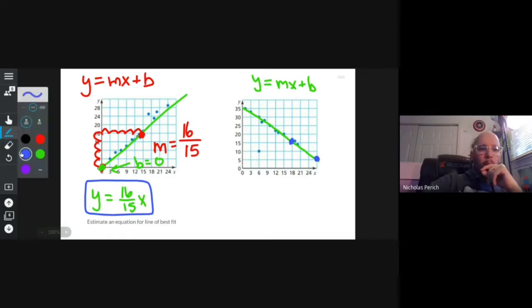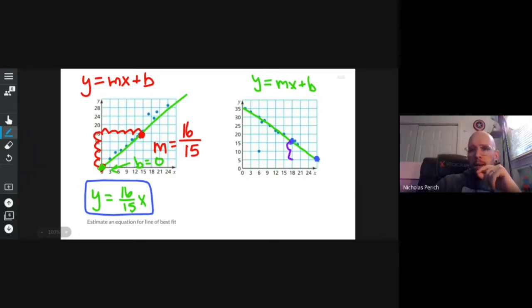So I'm going to go down 5, 10. So my slope is a negative slope, and it's negative 10 over... Let me see. How many do I go over when I go over by x's? 3, 6, 9. So I go over 3, 6, 9. Negative 10 over 9. That's my slope.